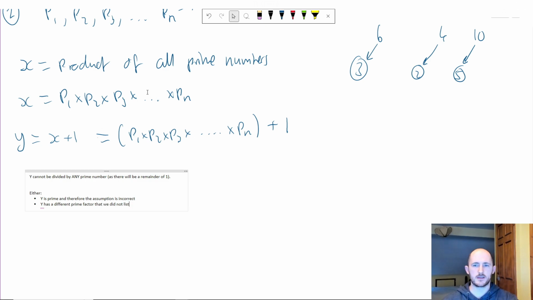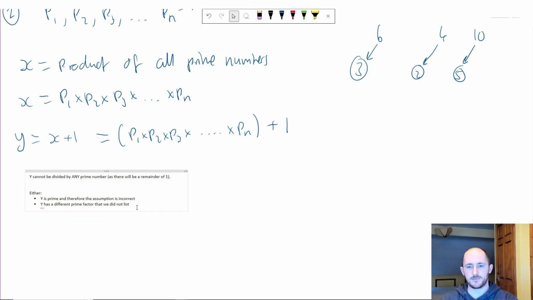So in other words, my list here was incomplete, but I told you it's the product of all prime numbers. So I couldn't have missed one, but that's the only two options, right? Either y is a prime number, in which case this list is incomplete, or it has a factor that we didn't list, which means this list is incomplete.